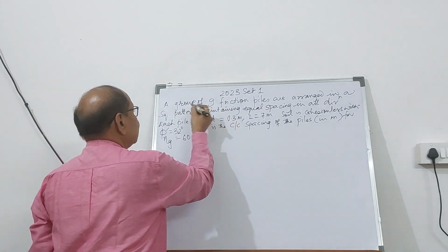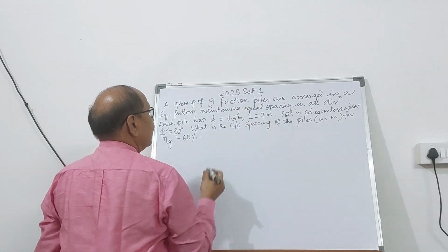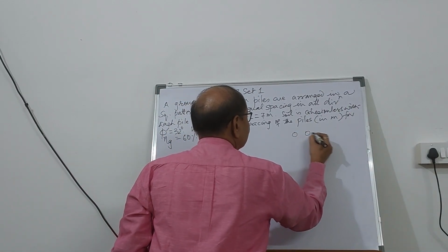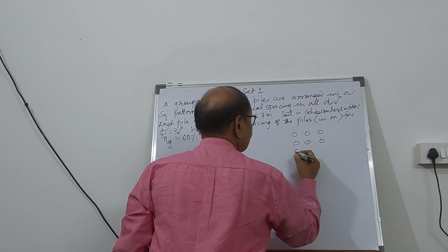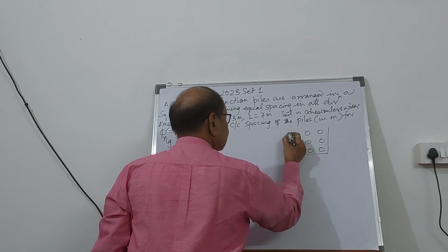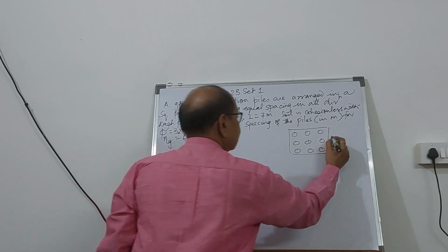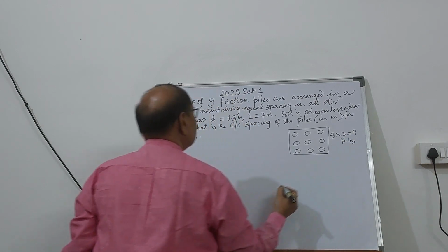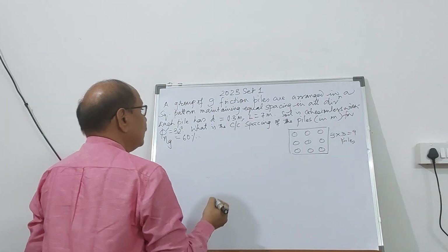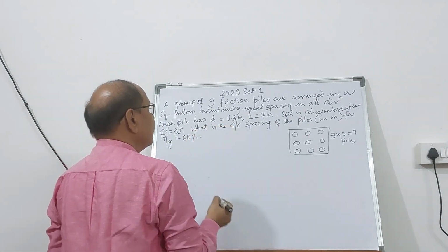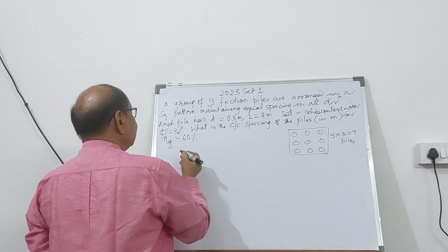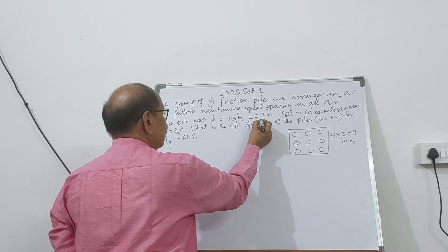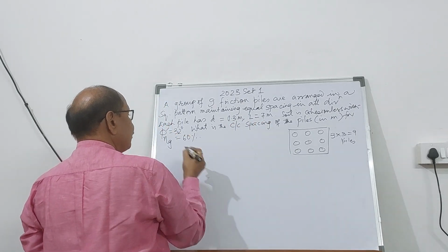So there are 9 friction piles arranged in a square pattern, 3 by 3 equal to 9 piles, and the spacing is going to be equal in all directions. Each pile's diameter and length are known, the soil is cohesionless, phi is known.